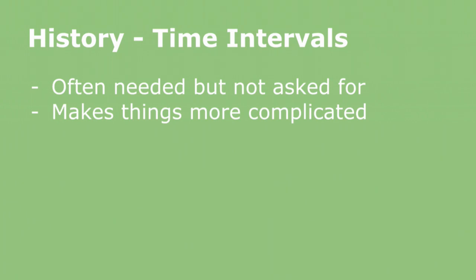And this is something that is often overlooked. It's often needed but not asked for. So even the end users tend to forget that they need or want actually some form of history in their systems. So this is always something that you need to ask for.